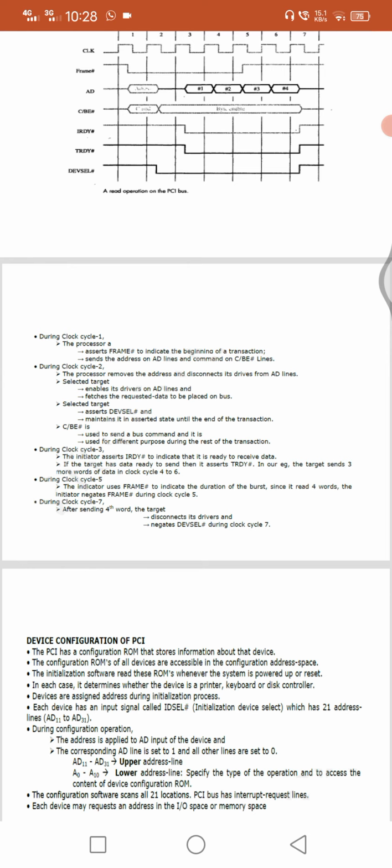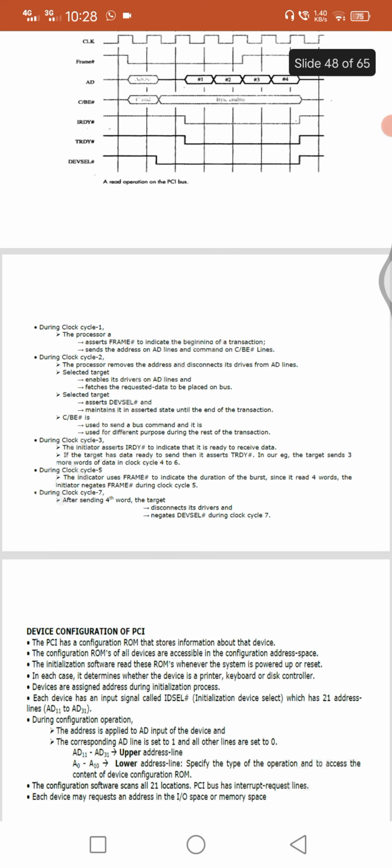During clock cycle 2, the processor removes the address and disconnects its drivers from the AD lines. The selected target enables its drivers on the AD lines. Whatever address we placed on the AD lines is enabled, and the target fetches the requested data to be placed on the bus.